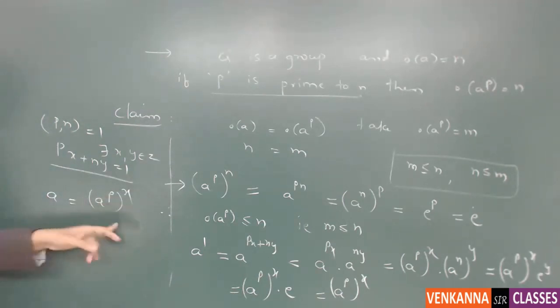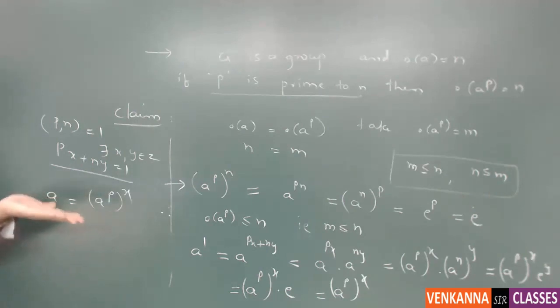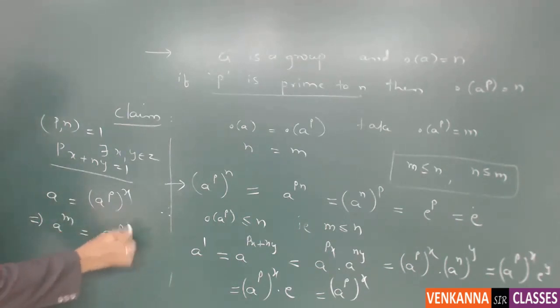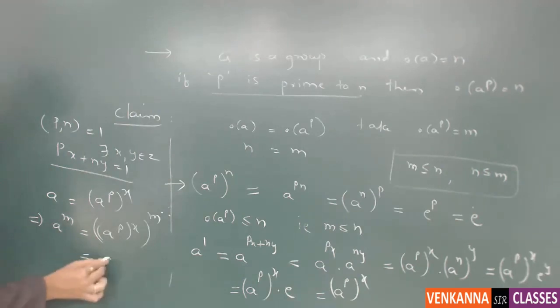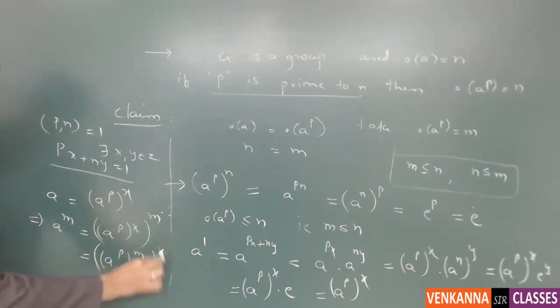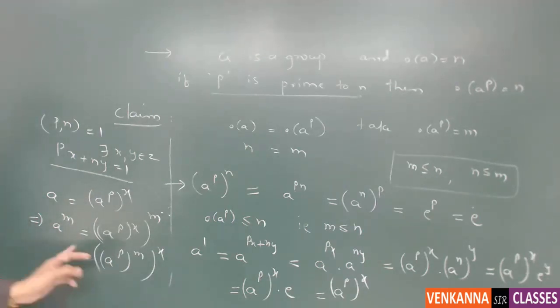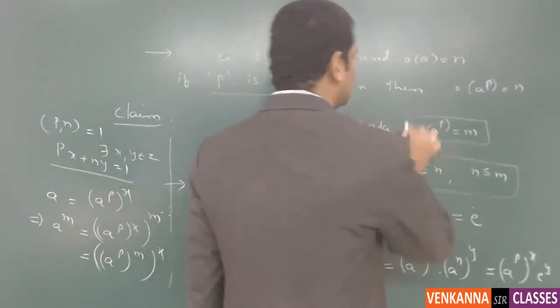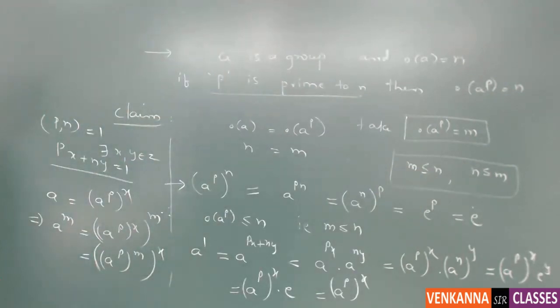To this value, both sides raise the power up to m. Since using the law of integral exponents, the number theory technique, we can write like this. As we know, I have taken that the order of a power p is equal to m.